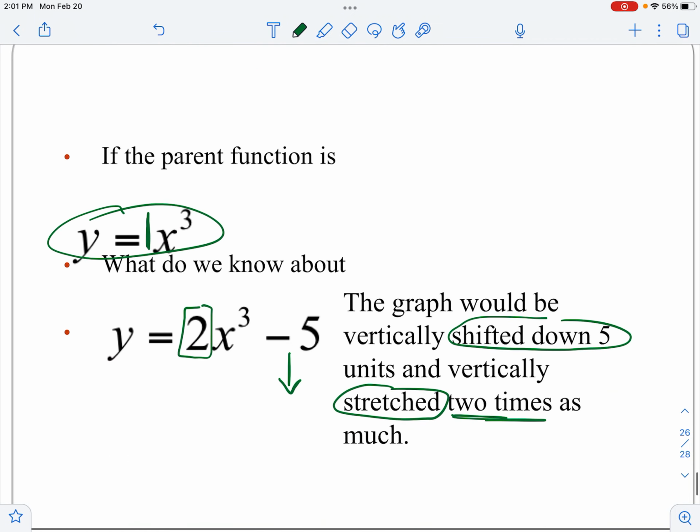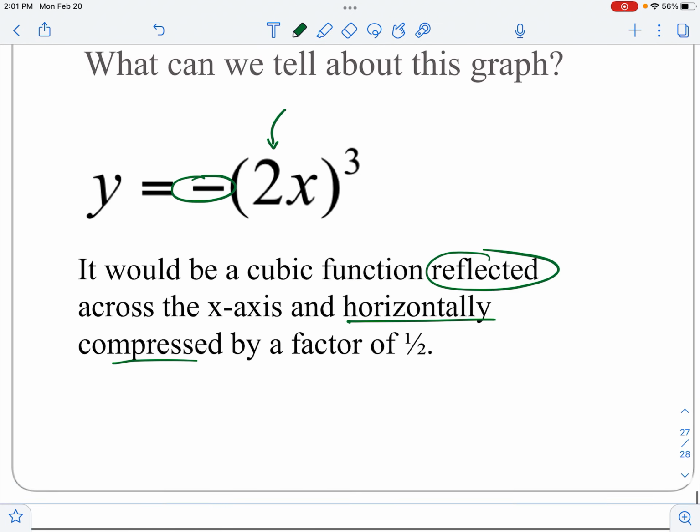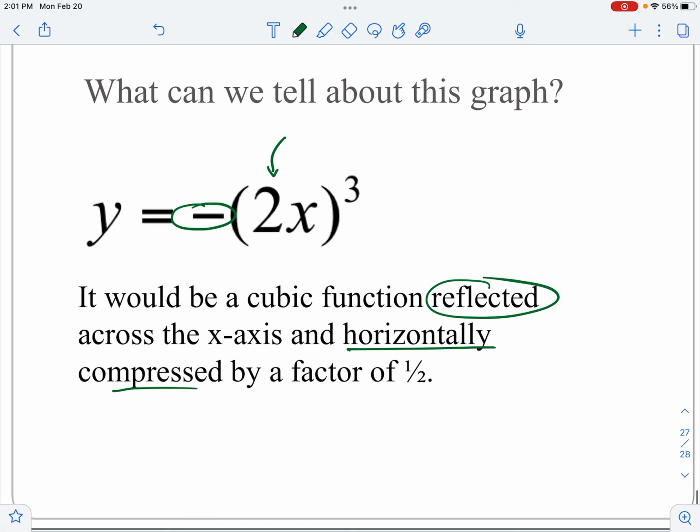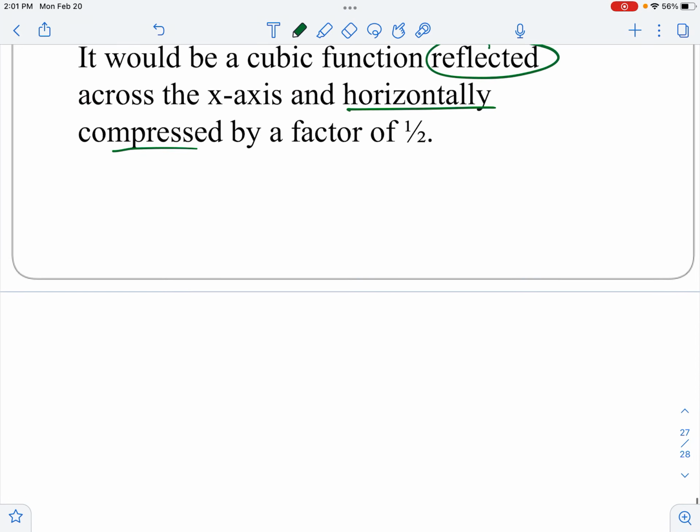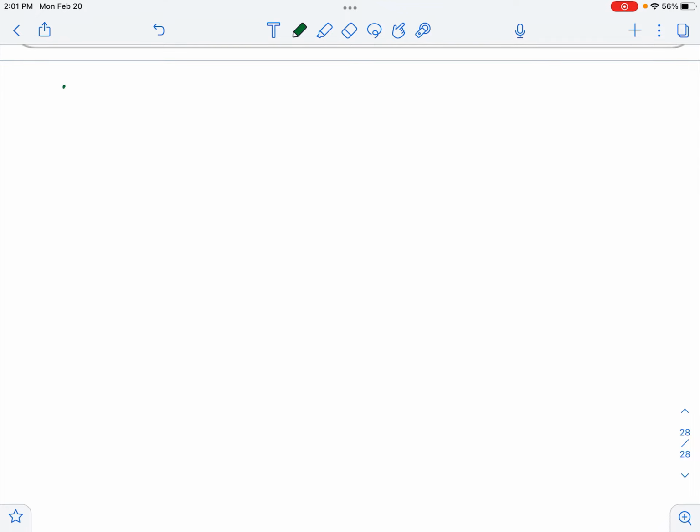Remember for your reflections, this minus sign in front is going to reflect over the x-axis. So let's look at just a couple more examples before we try some of these on our own.